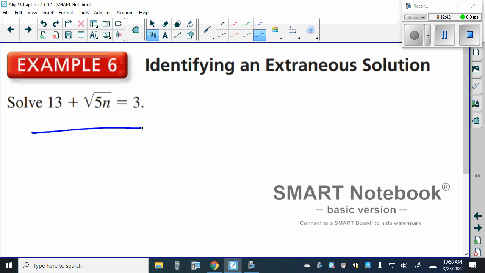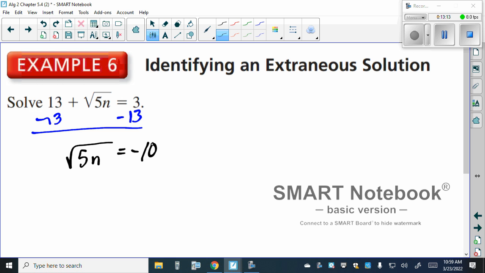First step is to get the radical by itself, yes? So we would do what? Subtract 13 from both sides. Which would tell us that the square root of 5n is equal to what? -10, because 3 minus 13 would be -10, yes? What can we do next?